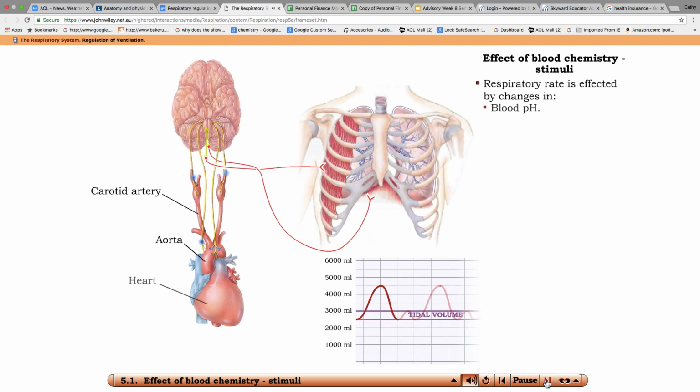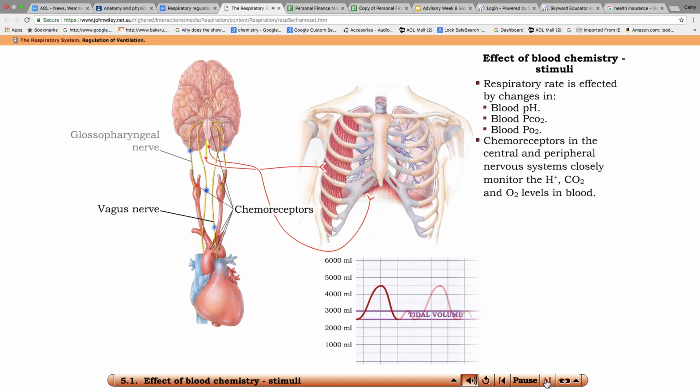We also have blood chemistry. When you inhale, you have oxygen attaching to hemoglobin. So your body looks at PO2. In other words, what's the partial pressure of oxygen in your blood? You also look at carbon dioxide levels. Are they going up or are they going down?